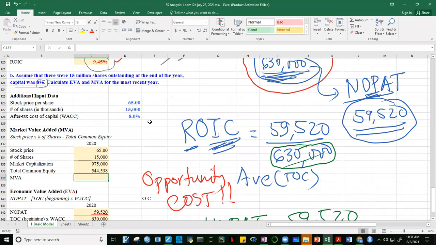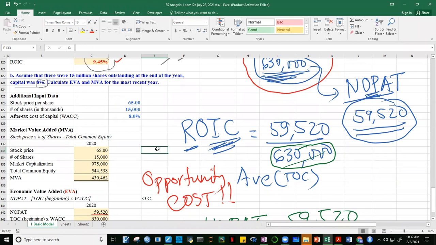So the difference between the two is your market value added. Okay? So in general, guys, if it's also positive, then value is being created also. Pero mas ginagamit, guys, yung EVA kaysa MVA in order to assess the performance of the company.